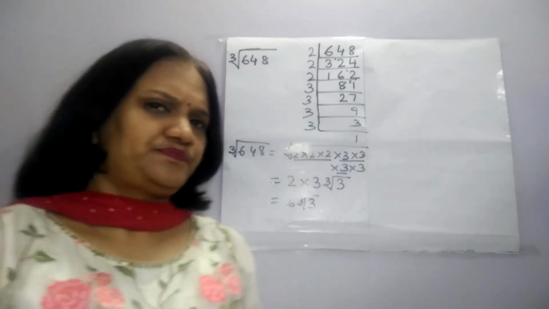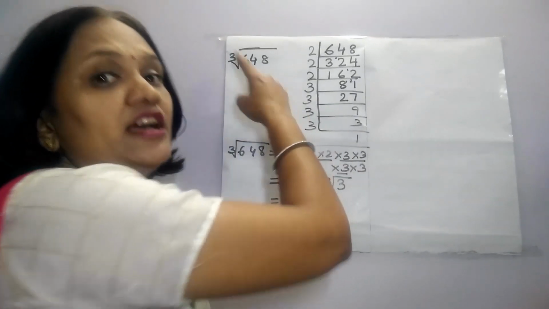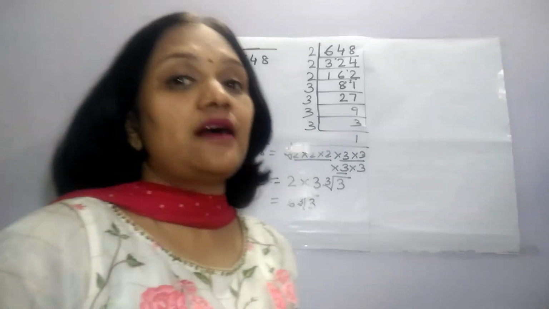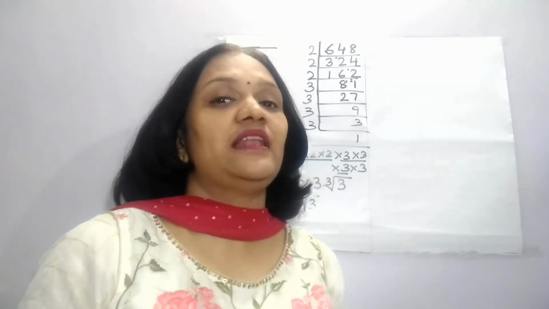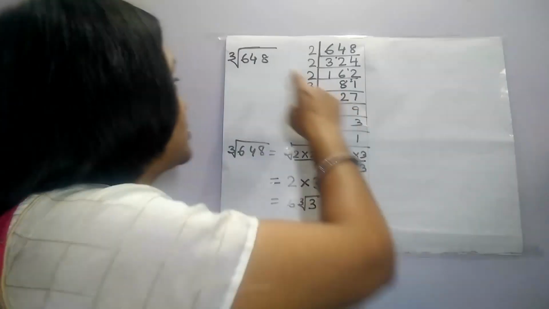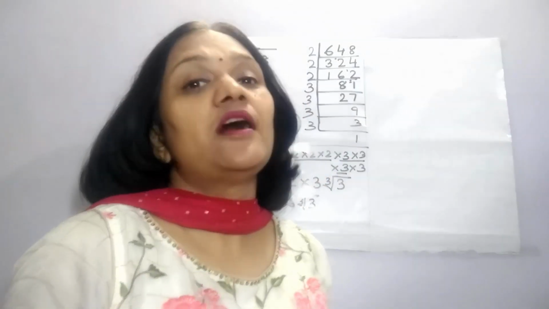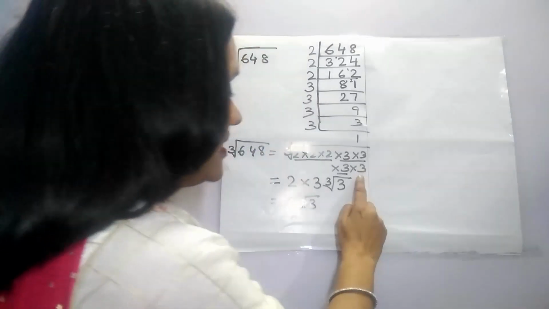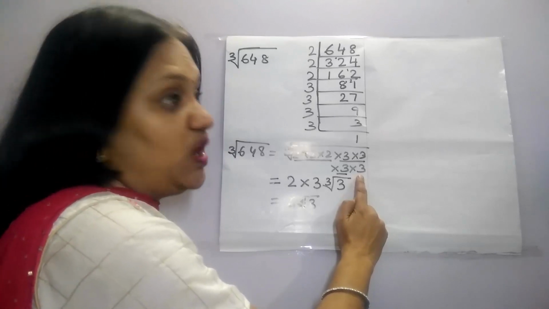Okay, tell me, by which number should we multiply 648 so that it becomes a perfect cube? I'm talking about the least possible number by which we should multiply 648 so that it becomes a perfect cube. Here there is a 3 which is alone.